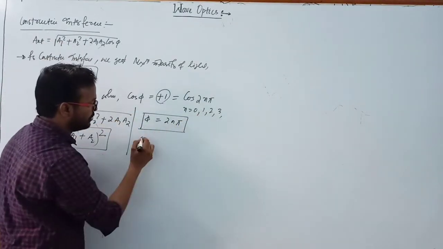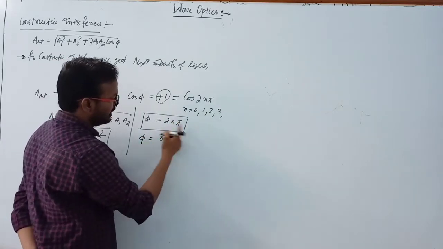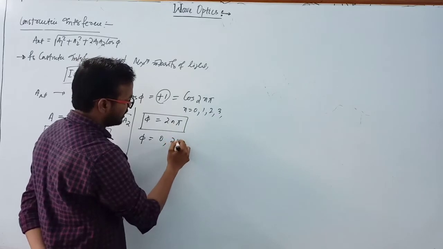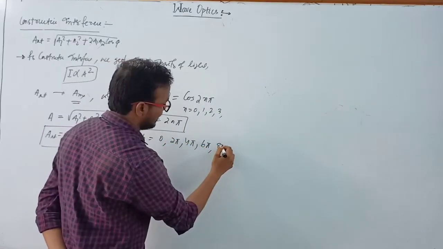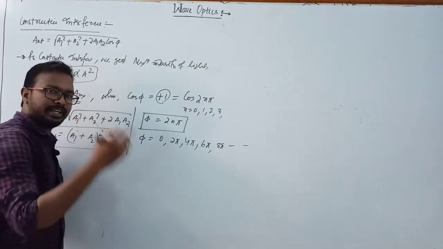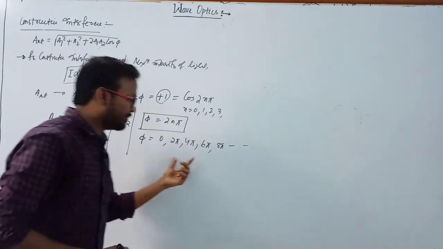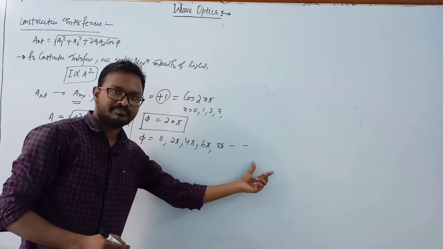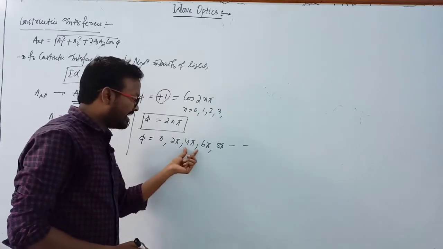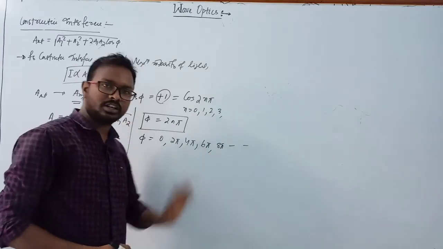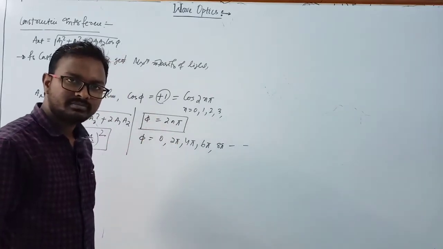If we use this value, then phi will be, first if you use 0, then 0, then if you use 1, then 2 pi, 4 pi, 6 pi, then 8 pi, and so on. If the phase difference between two waves is 0, 2 pi, 4 pi, 6 pi, 8 pi, and so on, we get constructive interference.